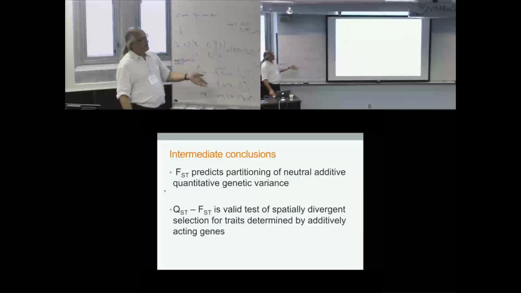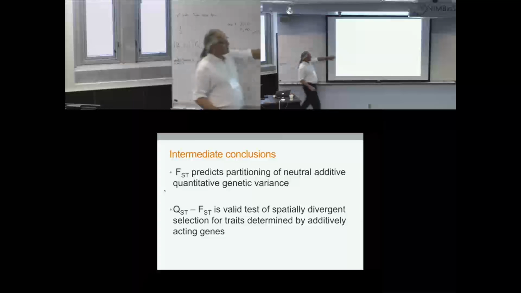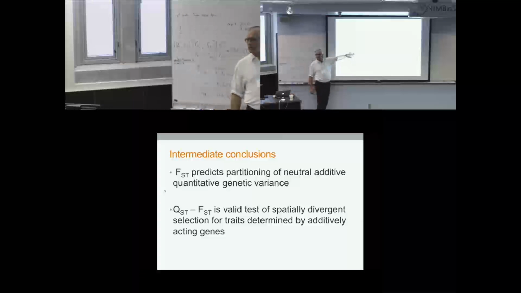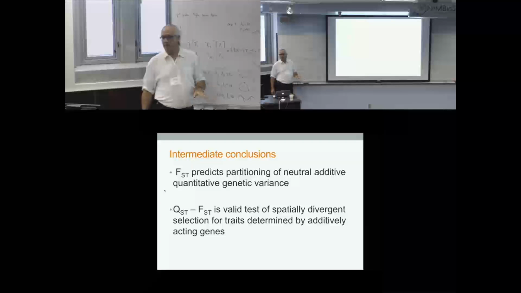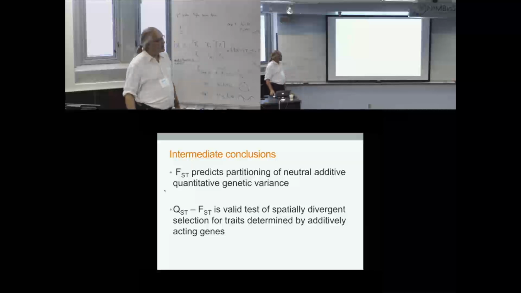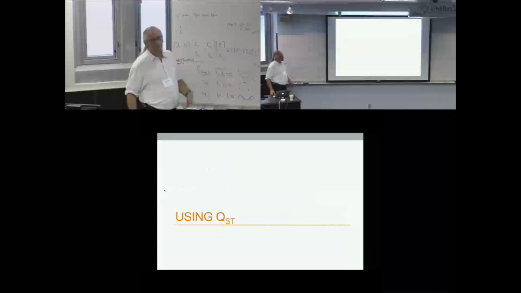We've known that for a long time. And this one's getting a little bit ahead of ourselves, but if you looked at the comparison between a measure of QST and a measure of FST, we can try to infer something about the strength of spatially divergent selection on the trait. Okay, so let's talk about the challenges of using this QST if you ever decided to do so.